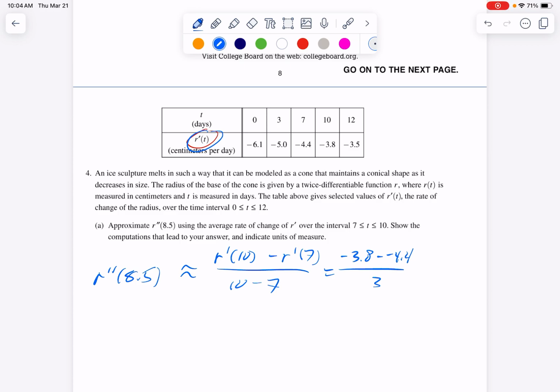That's what I'm getting in my head. I'll check that against the official solutions. And what would the units be? r prime is centimeters per day, so this would be centimeters per day per day. And again, this should have been in red, sorry. So this is 0.2. But they really want to see this, and you could leave that unsimplified.